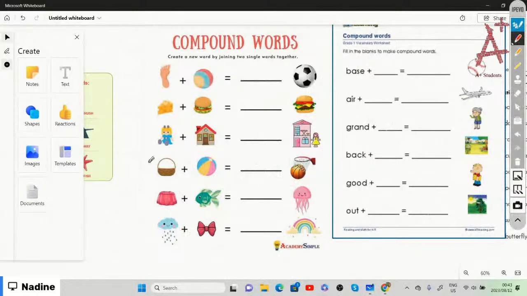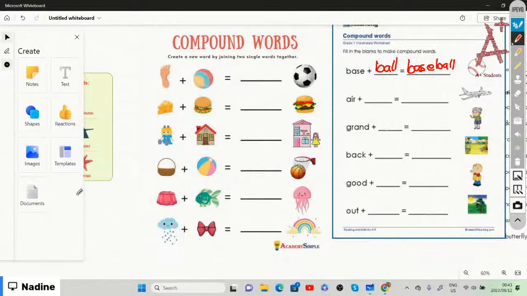It's going to be base plus ball, and we have baseball. So the two small words are base and ball, and if we put those two words together, we get the compound word baseball.